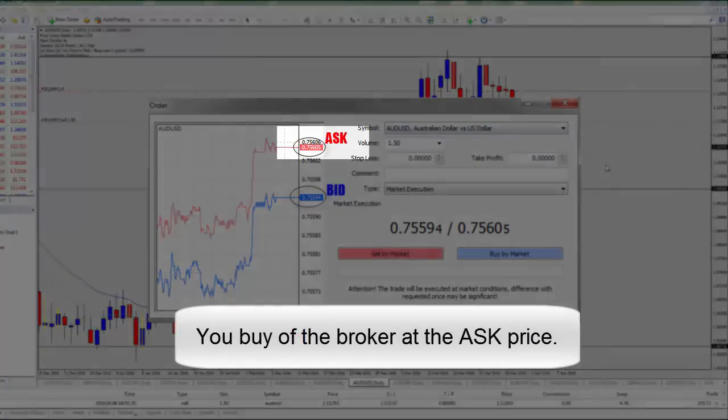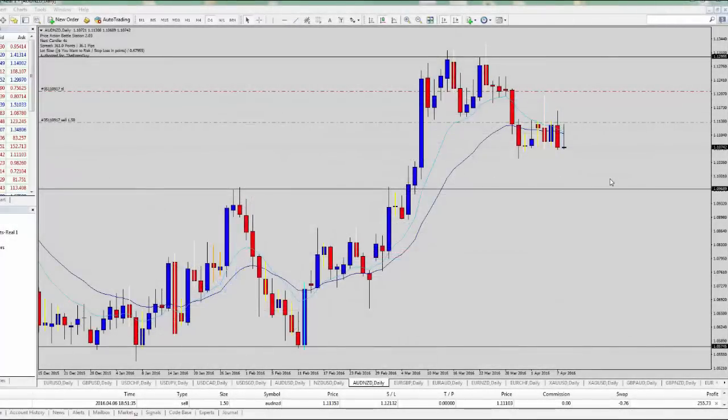So when you're placing orders, you have to remember you're entering and exiting via two different prices. When you open a trade, you're in the negative straight away, and that's why, because you enter at one price and you exit at the other, and obviously it's geared towards making sure that it's the broker that collects that spread profit. The difference between the bid price, what you see on the screen, and the ask price is the spread.